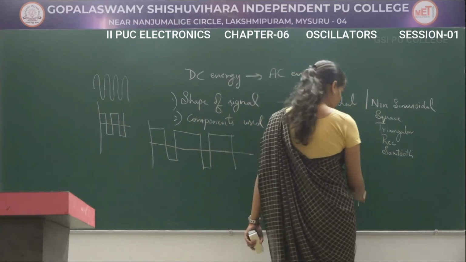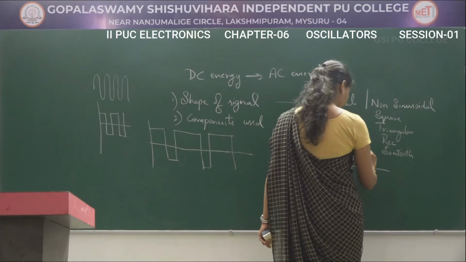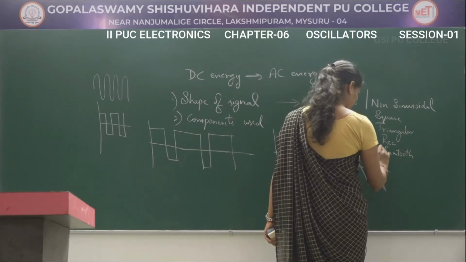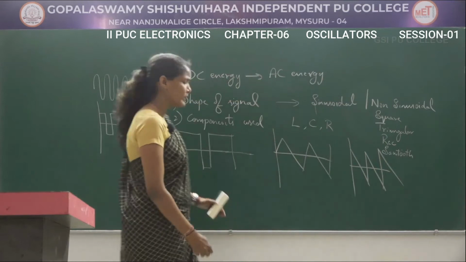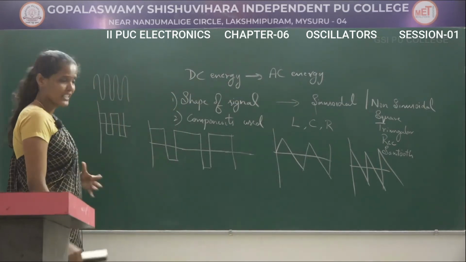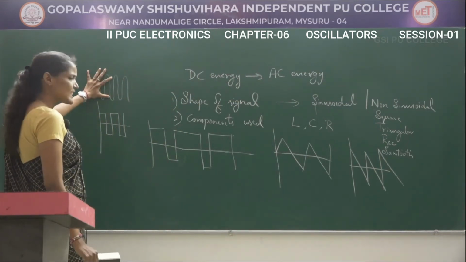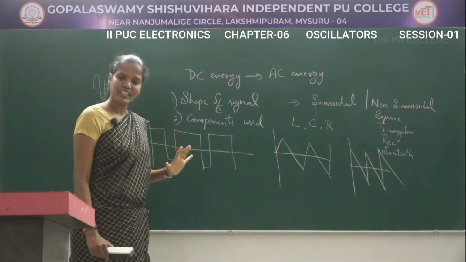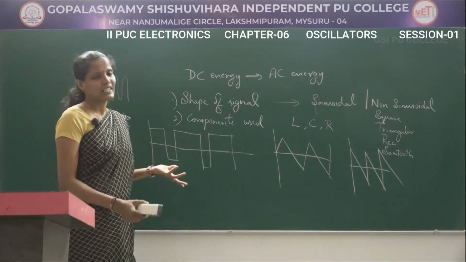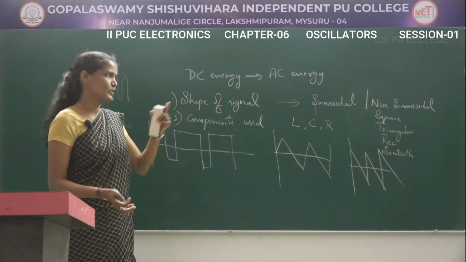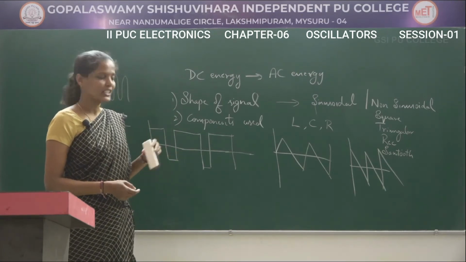Or a sawtooth waveform can be like this. Depending upon which type of signal I am generating, whether a sinusoidal waveform or a non-sinusoidal waveform, these oscillators are classified into sinusoidal oscillators or non-sinusoidal oscillators.